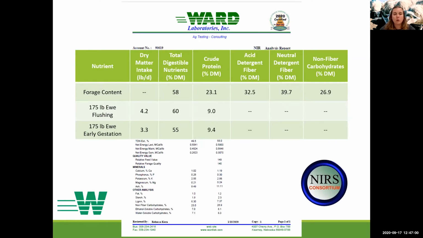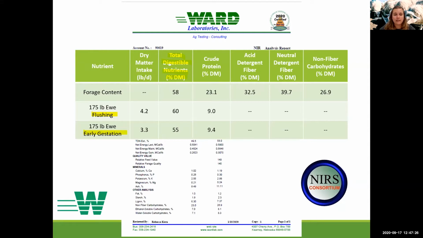So what we have going across, we have different nutrients, and then we've got the forage content, the requirement of that ewe at flushing, and the requirement of that ewe at early gestation. First thing we're going to look at here is the energy in the feed, the total digestible nutrients. How much total digestible nutrients is in this alfalfa forage?